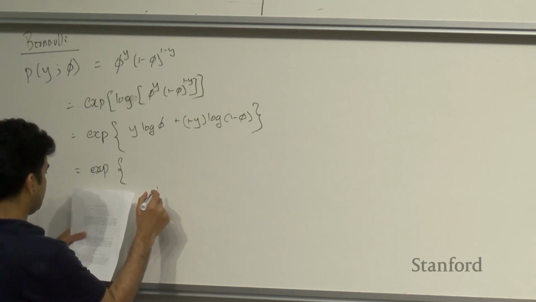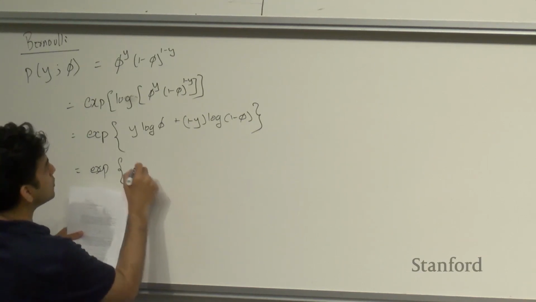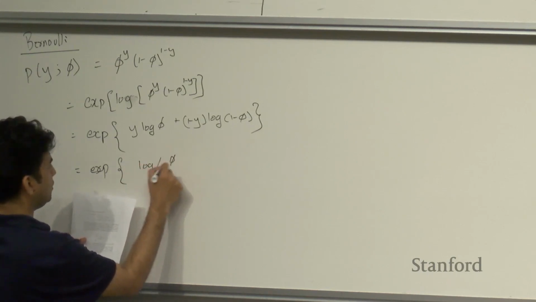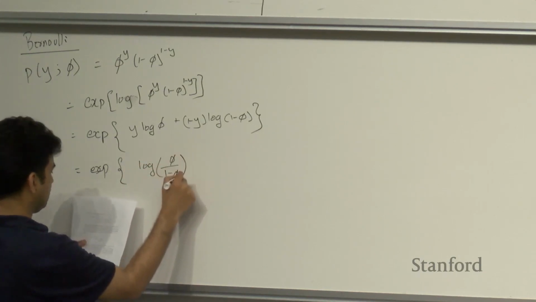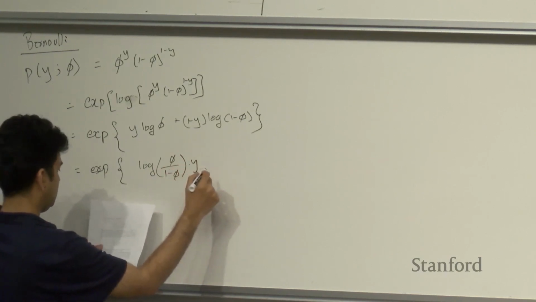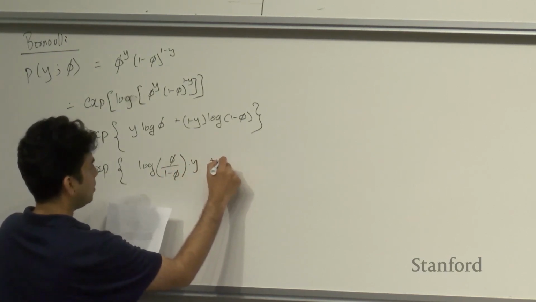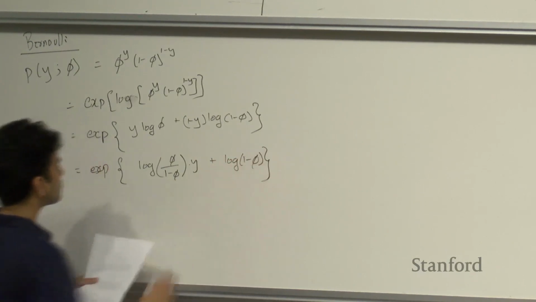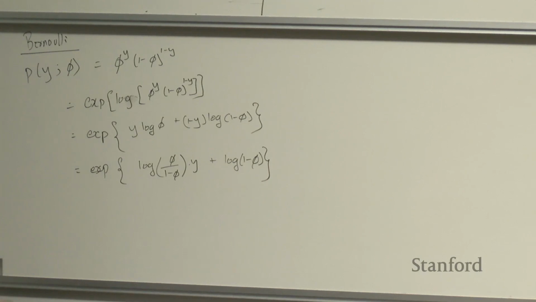So we will get exponent of log phi over 1 minus phi times y plus log 1 minus phi. Right? So all we have done here is pure algebraic manipulation. Right? We started with this form and brought it to this form. And now we can start doing pattern matching, right?